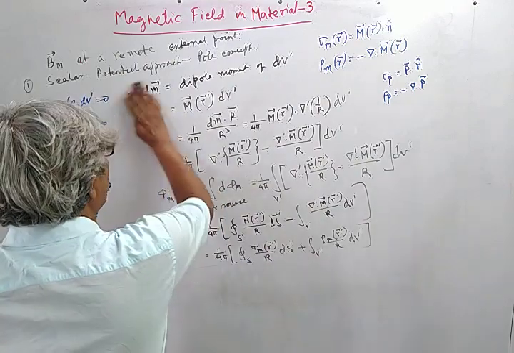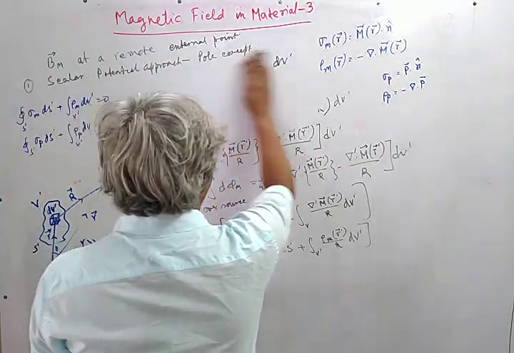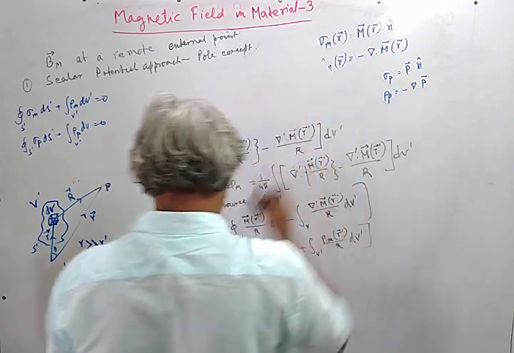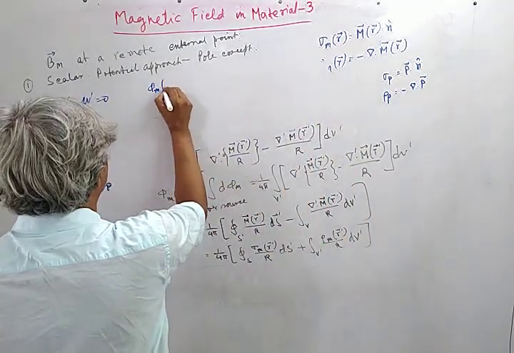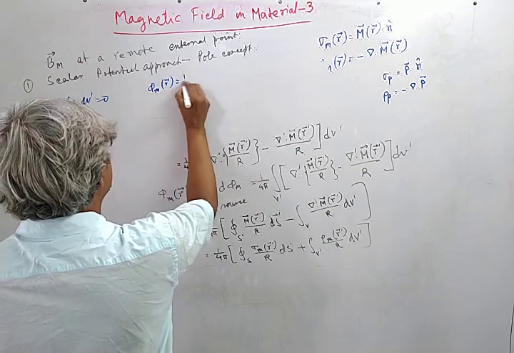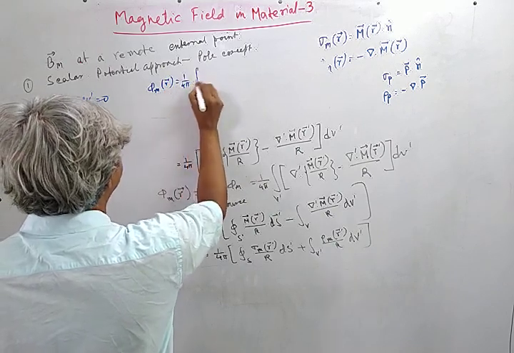Now the problem is how to calculate the field. Now let me first write the potential. This magnetic potential at R is 1 by 4 pi.